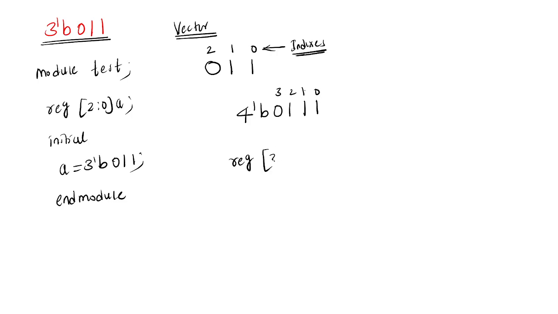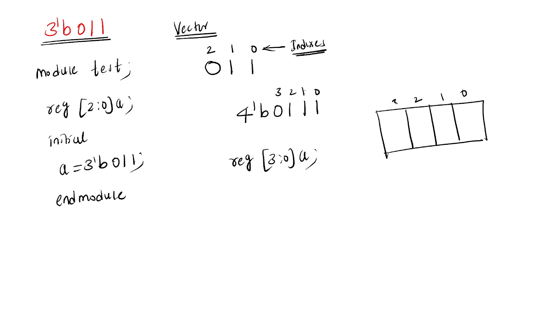So that is reg [3:0] a. How will it store? Here 4 bits, so 4 locations will be formed, 0 1 2 3. First the MSB, then 1 1 1, like this it will store.